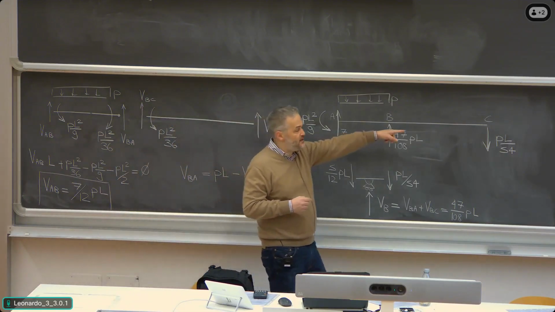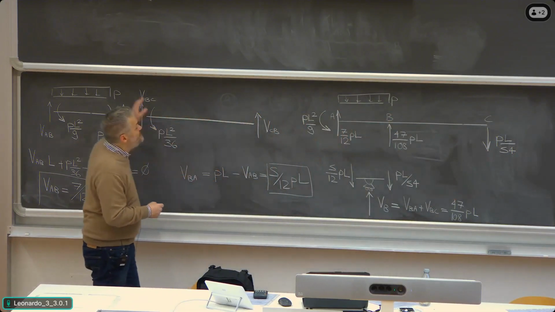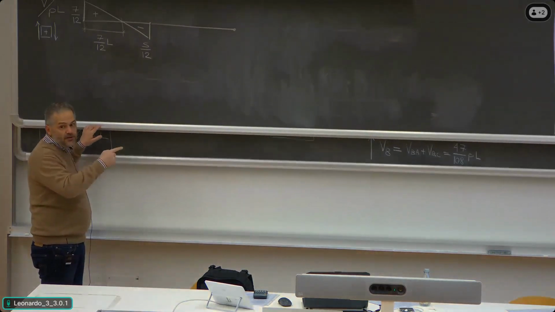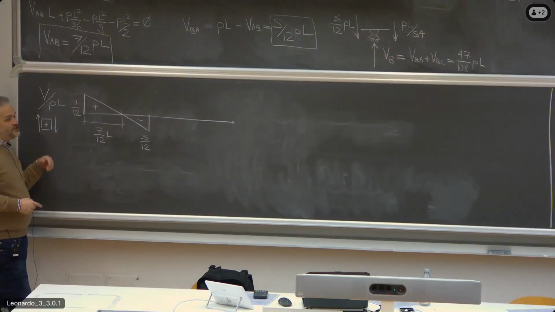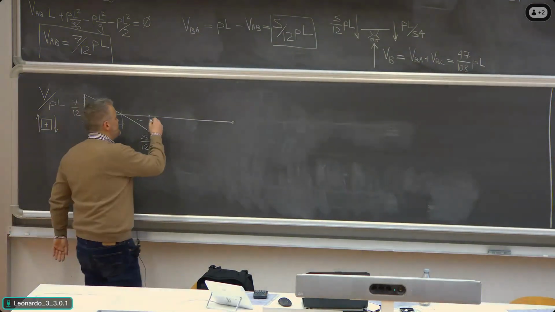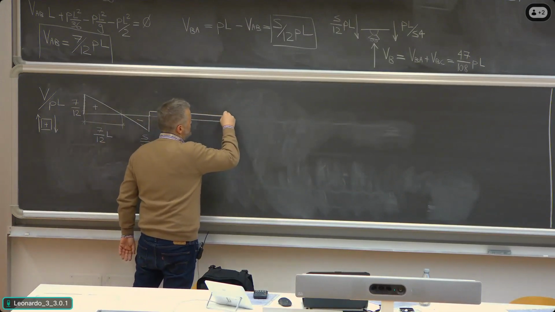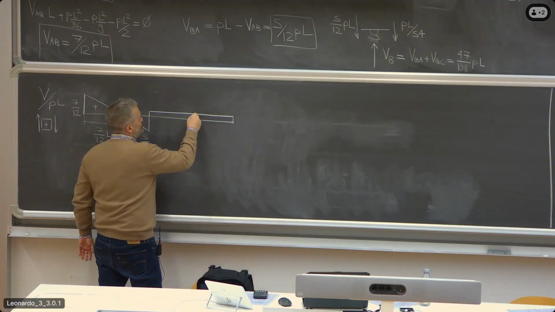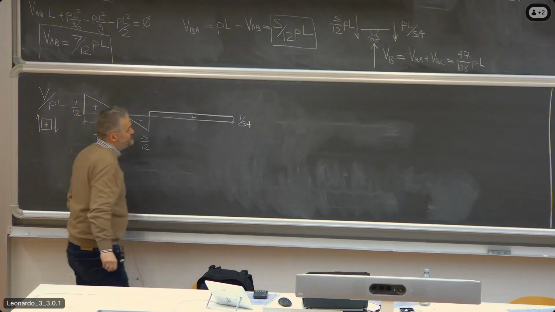You still see it here. Downwards on the right end. So this basically means that upwards to the left, downwards to the right, the shear force is positive all over span BC. It is constant with a plus here and 1 over 54 here.